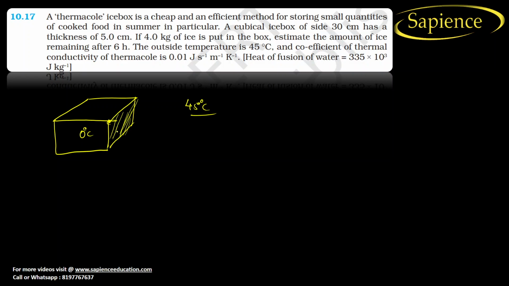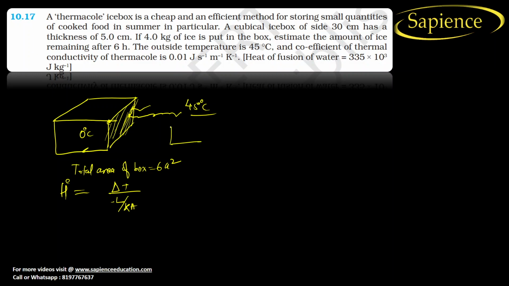Now there is a heat transfer. If you want to find the total area of the box, the total area of the box is equal to 6a square. Now the heat current, or rate of heat transfer, is equal to temperature difference divided by L by KA, where L is the length or thickness of the material.